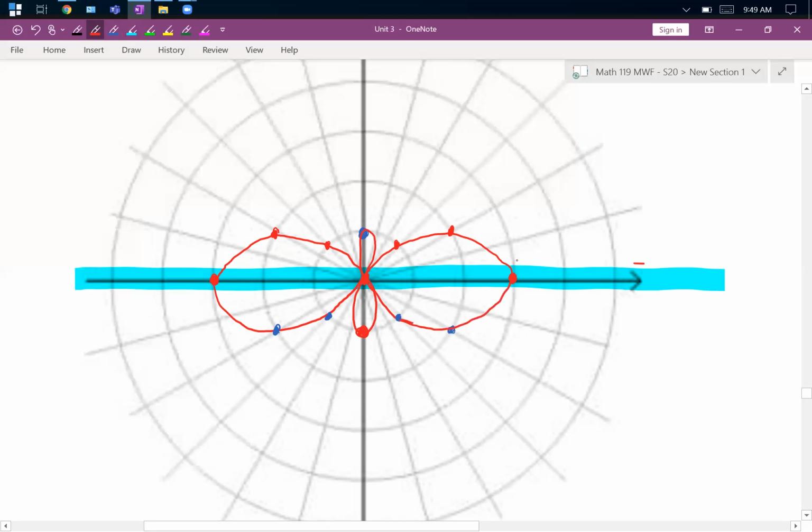There we go. We have a rose curve with 4 petals to it. And you'll notice that our argument was 2 theta, and in our definition it said if n was even, we would have 2n petals. We did end up with that, our 4 petals. Questions at all?